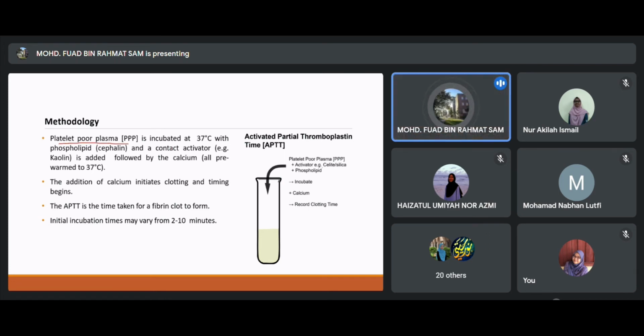It is incubated at 37 degrees with a phospholipid cephalin and the contact activator or surface activator, for example kaolin, followed by the calcium. All of this is pre-warmed to 37 degrees, and the addition of calcium initiates clotting and timing begins. The APTT is the time taken for a fibrin clot to form. Initial incubation times may vary from 2 to 10 minutes.